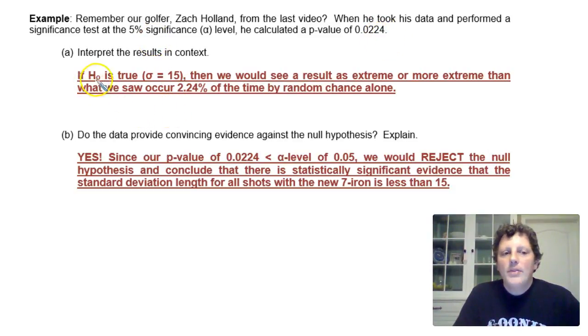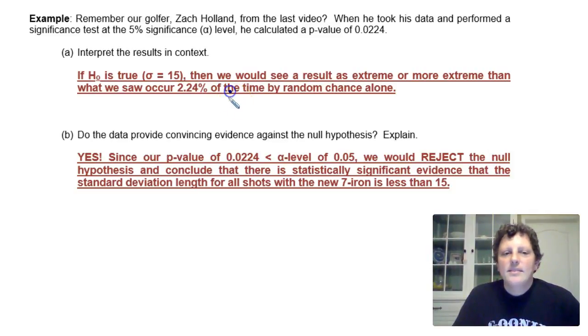If the null hypothesis is true and the standard deviation is 15, then we would see a result as extreme as his sample, or more extreme, occur 2.24% of the time, just by random chance alone.